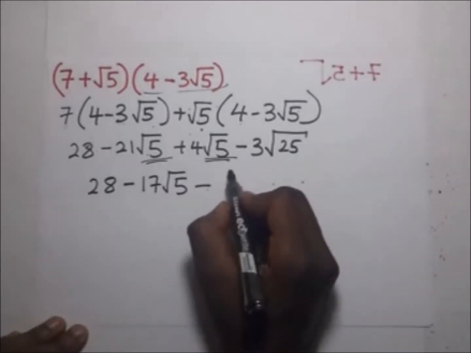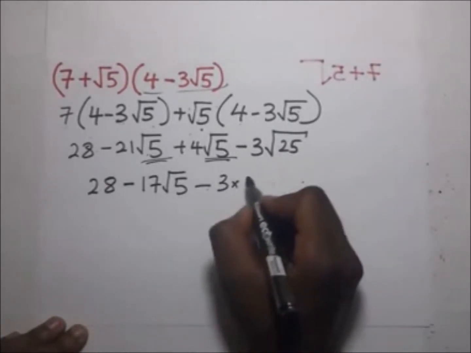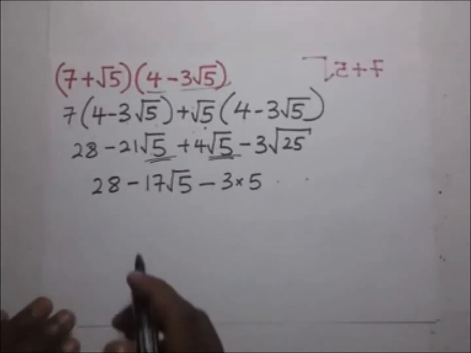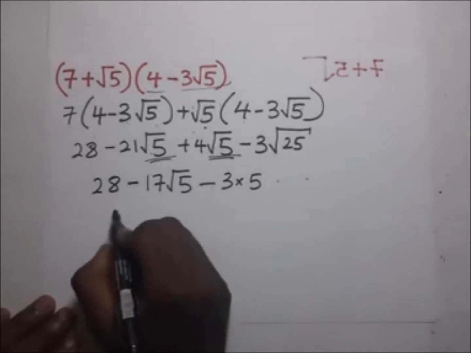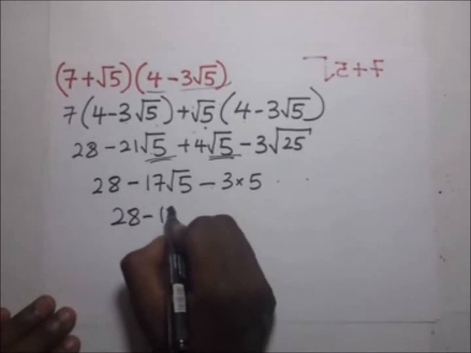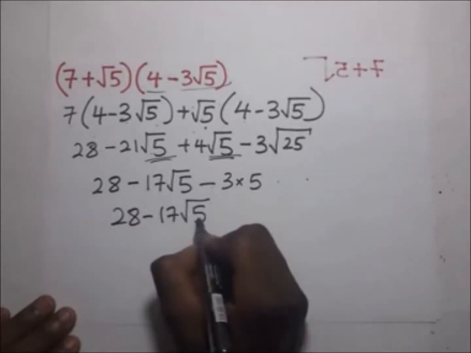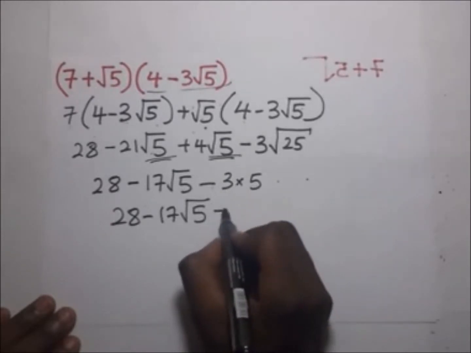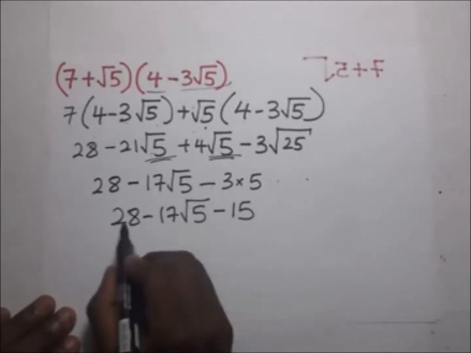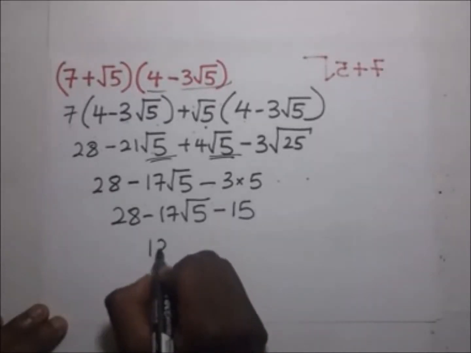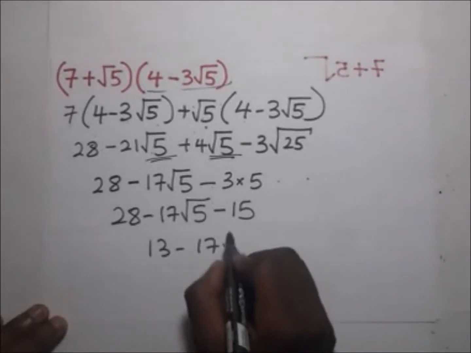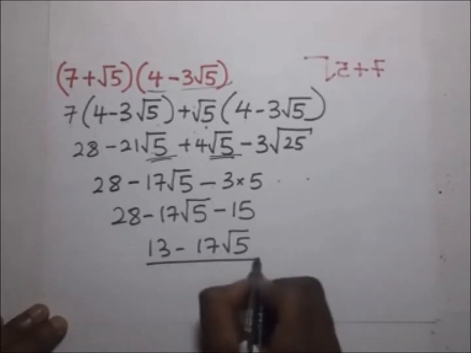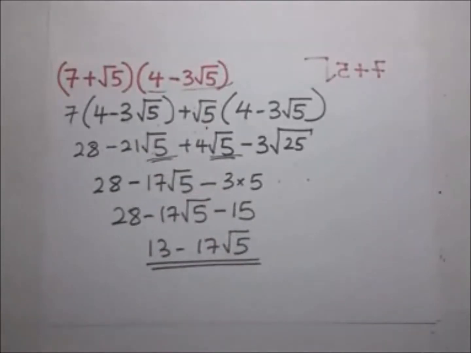Then this is minus 3 times √25, and √25 is 5, so it's minus 15. So we have 28 minus 17√5 minus 15, which gives us 13 minus 17√5. And that is how we simplify that number.